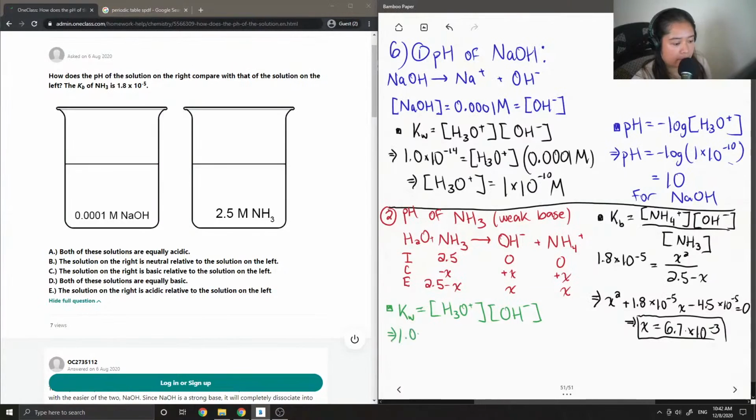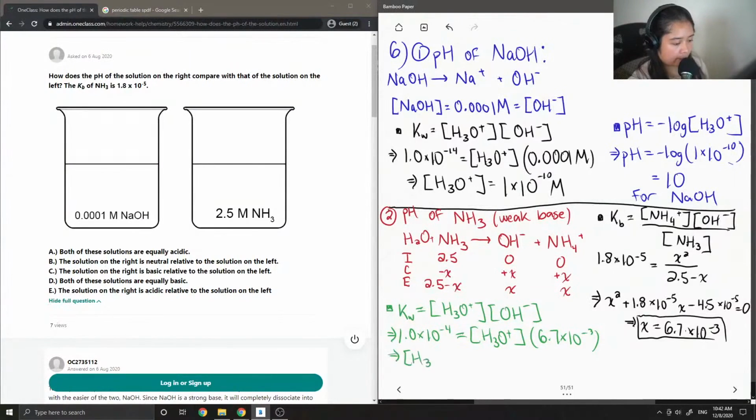Kw is equal to 1.0 times 10 to the negative 14. And then we just sub in 6.7 times 10 to the negative 3 as our concentration of OH minus.